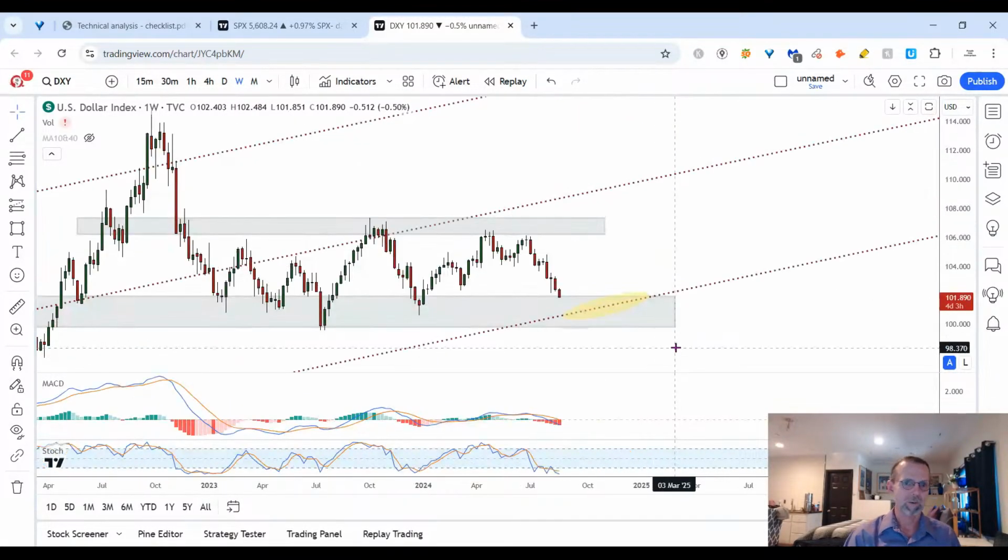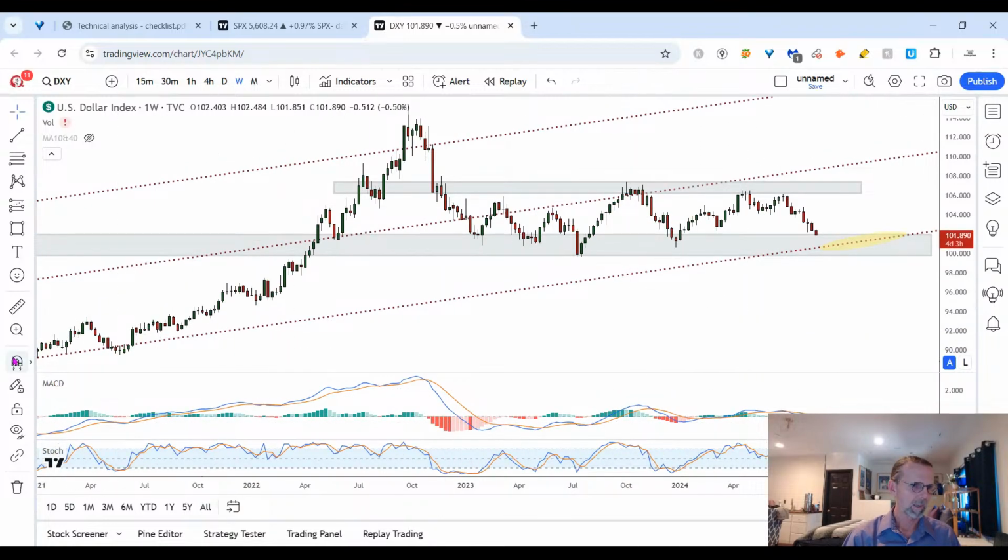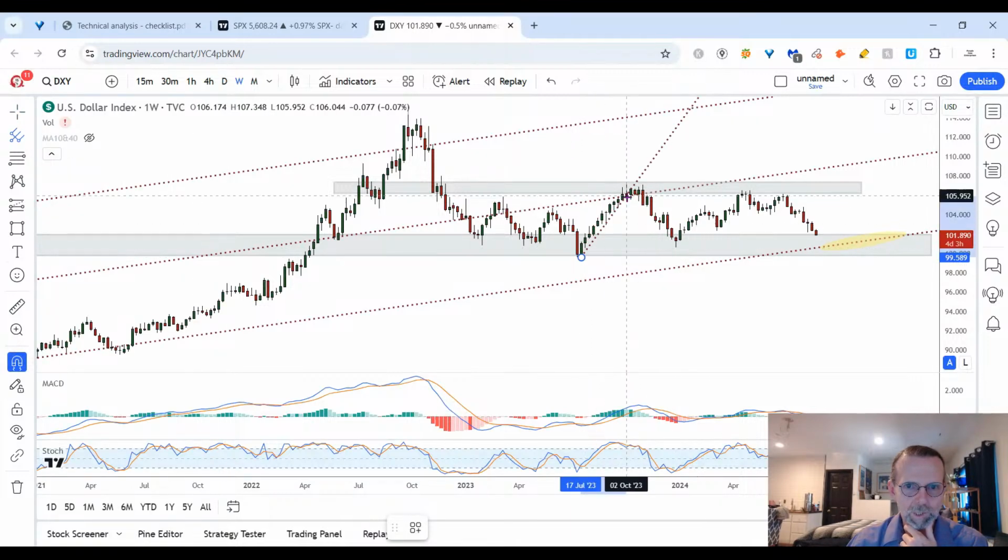I see another potential pitchfork that we can look at just to see if it does anything for us.